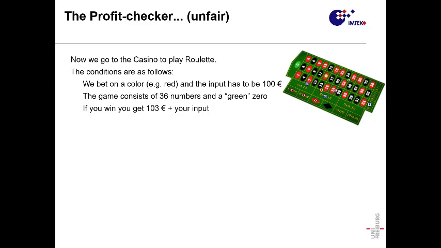And let's say that you have to give 100 euros to have one chip, to have one chance of putting this chip on the color. And if you actually get that color when you spin the wheel, then you get 103 euros plus your input.